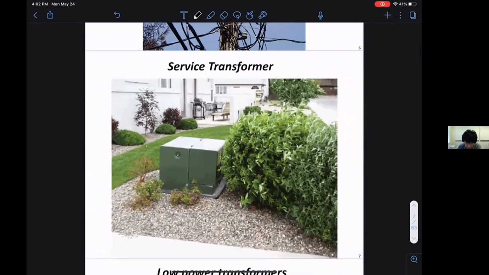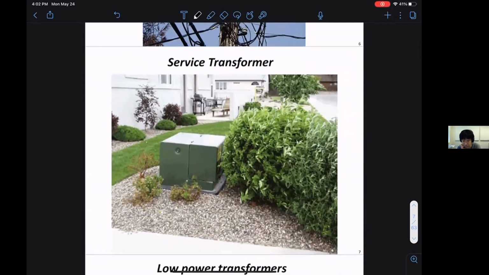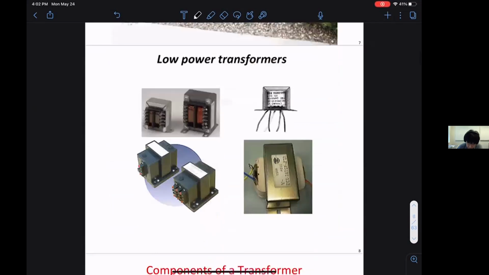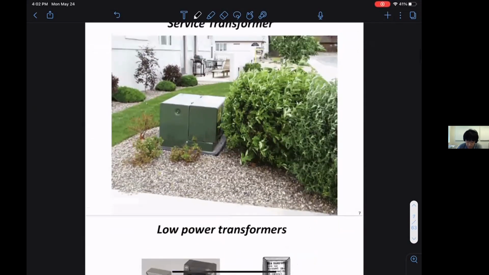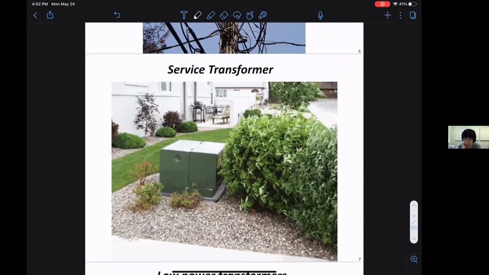And then you have transformers you see when you walk around neighborhoods. These are used to boost voltage or do isolation, or just step the voltage down by a factor of 2. And then you have really small transformers, which we don't use for power engineering purposes. So for us, this is the smallest transformer you'll see.